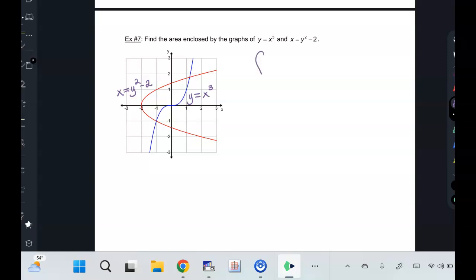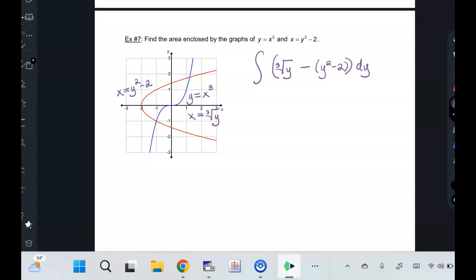So for the one on the right, instead of y equals x cubed, if I solved for x, it would be the cube root of y minus the y squared minus 2. Again, you could do minus y squared plus 2 dy. Are we okay with that? Right minus left. Also, we're only doing the section between their intersections.